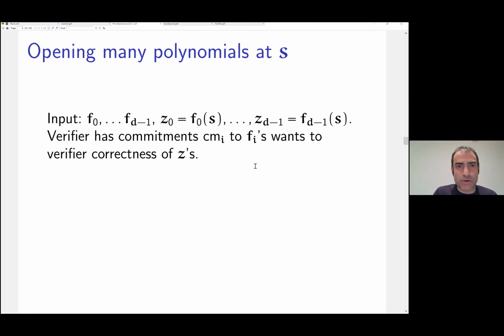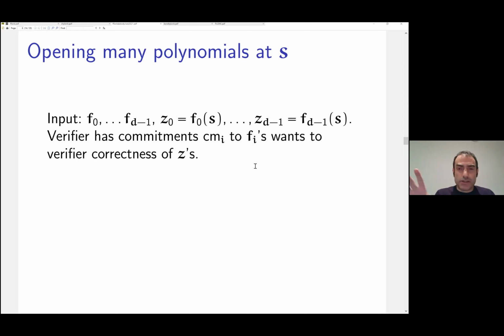So that was the basic KZG scheme, and now, what makes us have a lot of scalar multiplications in these SNARKs? It usually has to do with the fact that we're not just opening one polynomial, we're opening many polynomials. So let's now look at this problem of opening many polynomials.